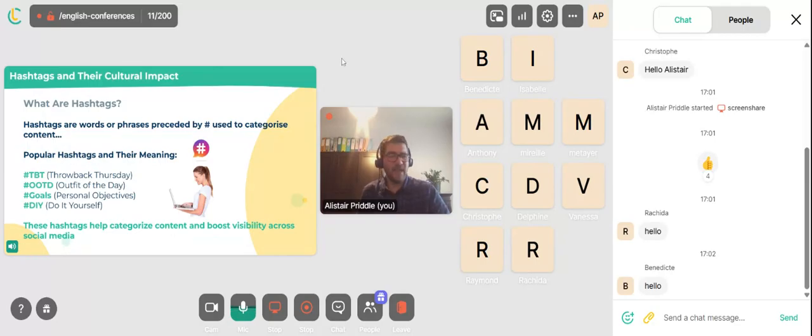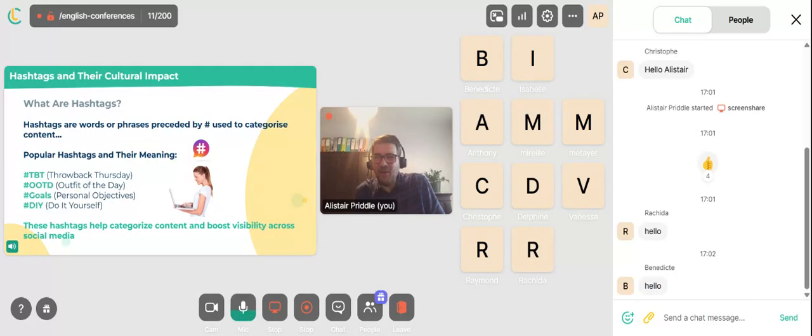Hashtags and their cultural impact. What are hashtags? Okay, well, hashtags are words or phrases preceded by the hashtag, used to characterize content. Popular hashtags and their meaning. Hashtag TBT, Throwback Thursday.